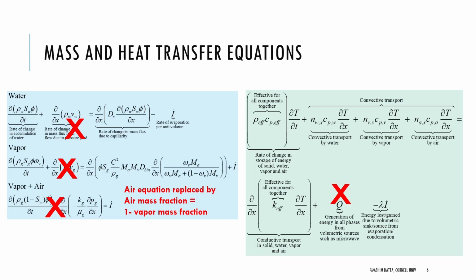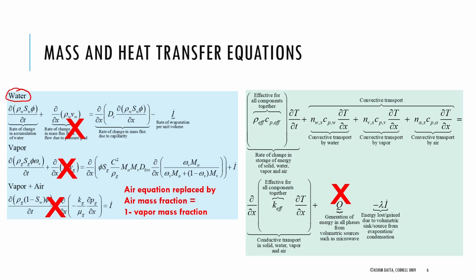So the physical processes that we described, like capillarity or diffusion, are combined with mass conservation and energy conservation to arrive at the full physical or mathematical description of this air drying process. Now, the equations that are shown here are derived in full detail from scratch in a separate place.